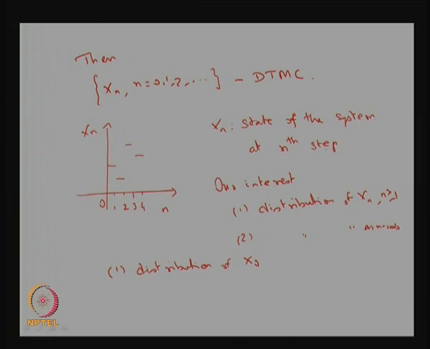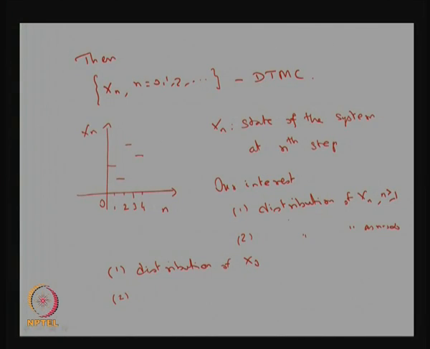The second is the transition distribution, that is, how the transition takes place from the nth step to the (n+1)th step for all n.